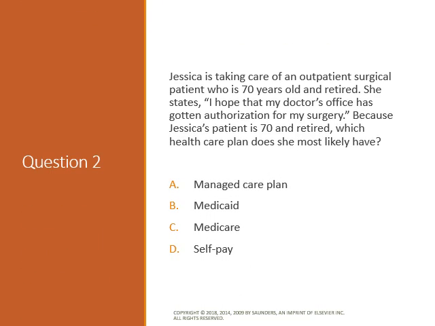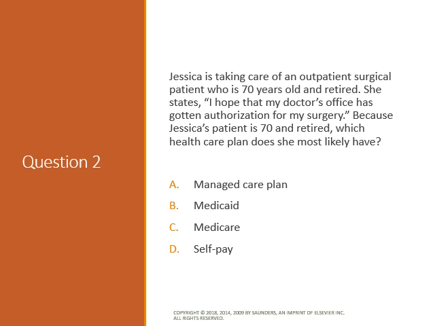Question 2. Jessica is taking care of an outpatient surgical patient who is 70 years old and retired. She states, "I hope that my doctor's office has gotten authorization for my surgery." Because Jessica's patient is 70 and retired, which healthcare plan does she most likely have? Is it A, a managed care plan, B, Medicaid, C, Medicare, or D, self-pay?